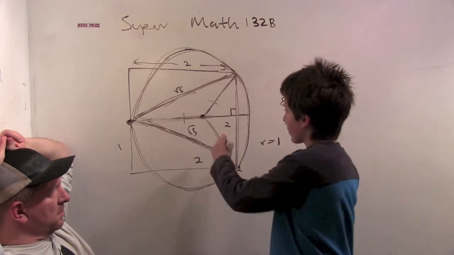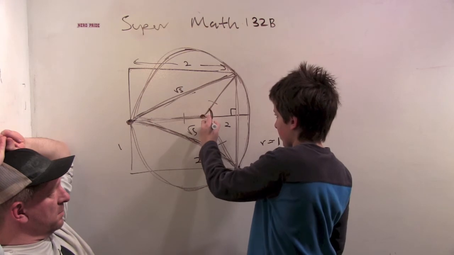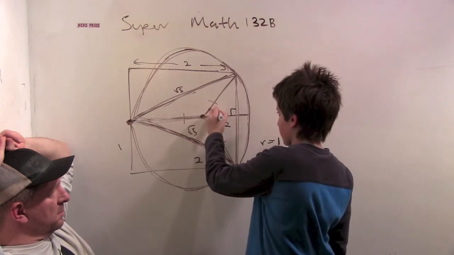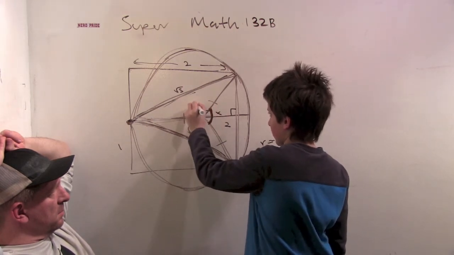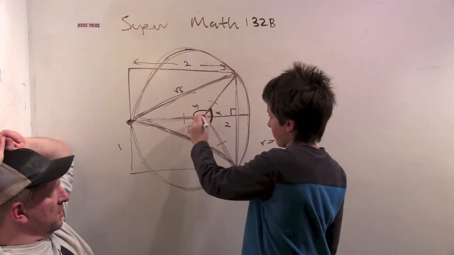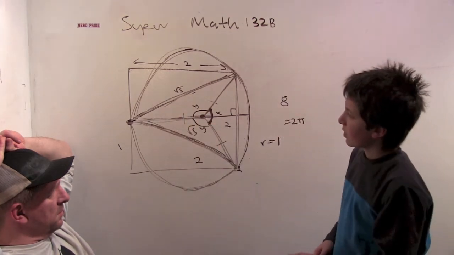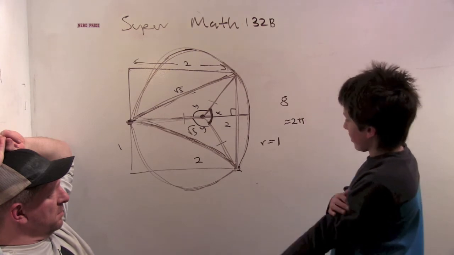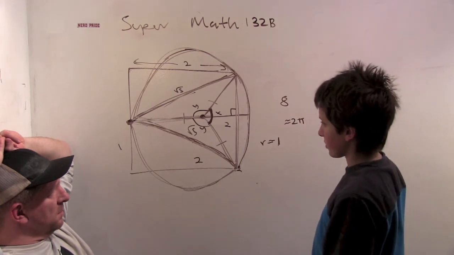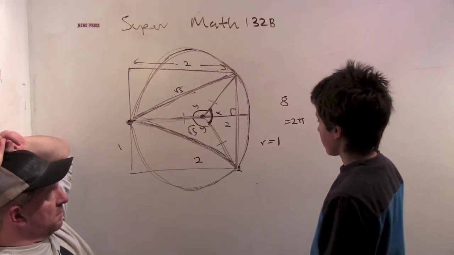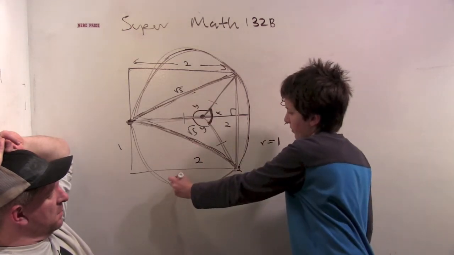Well, we do know something. This angle and these 2 angles are the same. But the area of this triangle, we could have it for reference if we need it. So it's involving the circumradius.